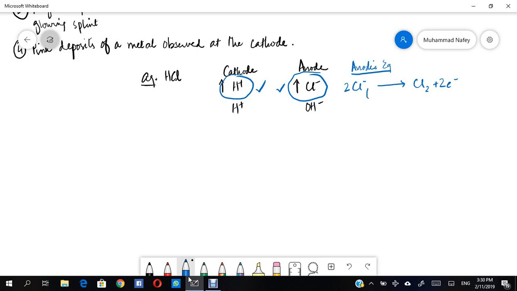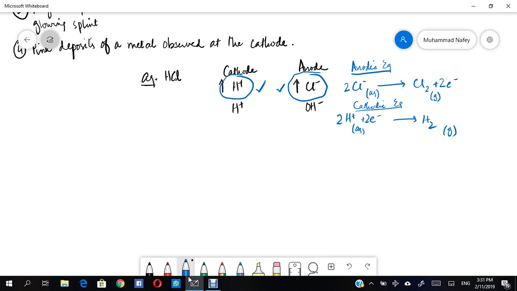Finally come the state symbols, that is aq and gas. Then we come to hydrogen. H⁺ + e⁻ gives us H, which again is incorrect. Why? Because we'll get H₂, so to balance that, 2H⁺ here and 2e⁻ here. So again, aqueous and gas.